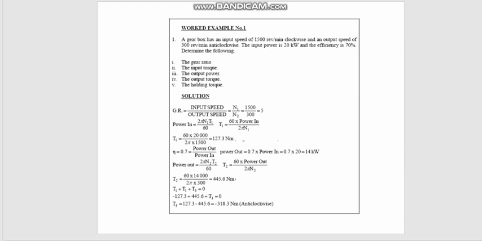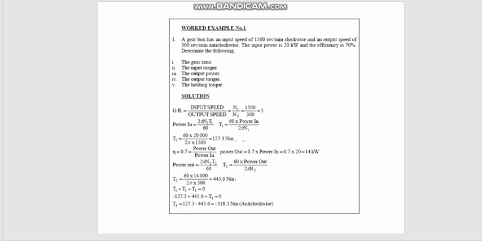Let's look at an example of a gearbox system problem. For this particular problem, it is given that the gearbox has an input speed of 1500 revolutions per minute clockwise, and an output speed of 300 revolutions per minute anti-clockwise.